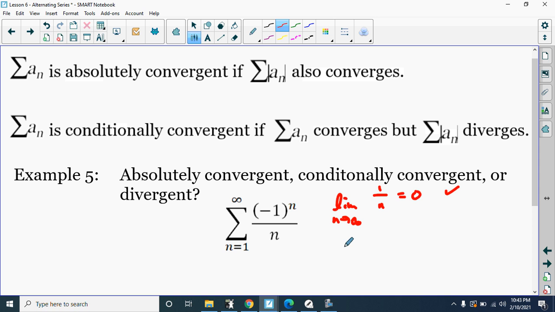And if I plug in terms, 1 over 1, 1 over 2, 1 over 3, 1 over 4, 1 over 5, notice my terms are indeed decreasing. So this is a convergent series.